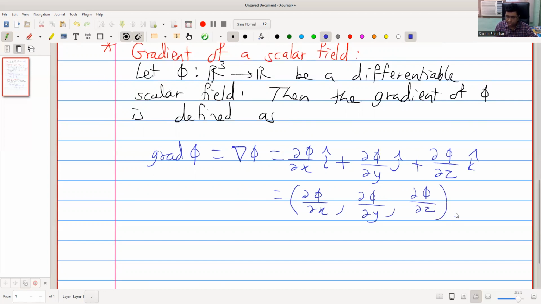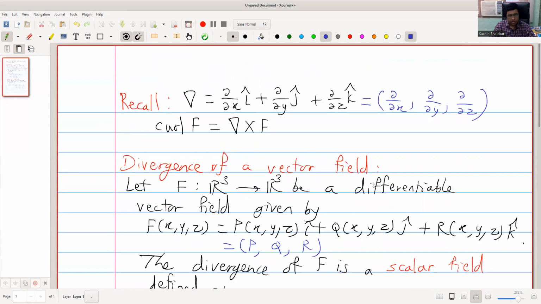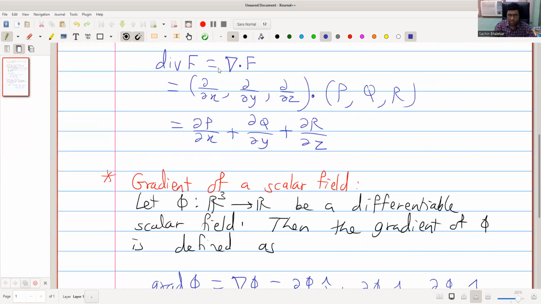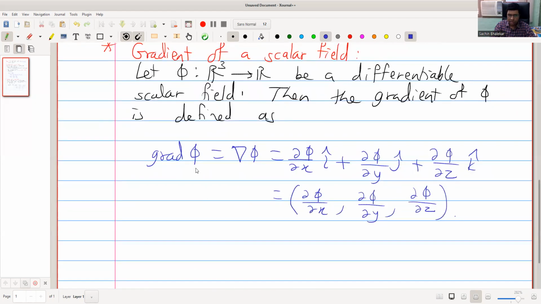Okay, so these are three important things. Curl is given by cross product. Divergence is given by dot product. And gradient is just an operation. Del will operate on scalar field phi.